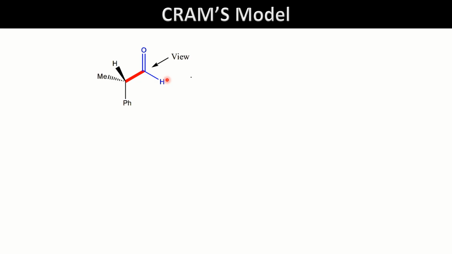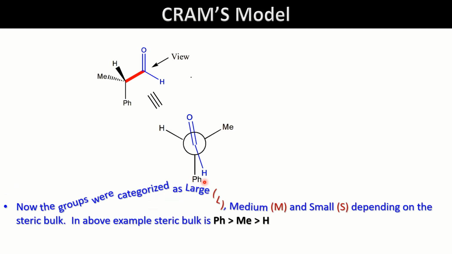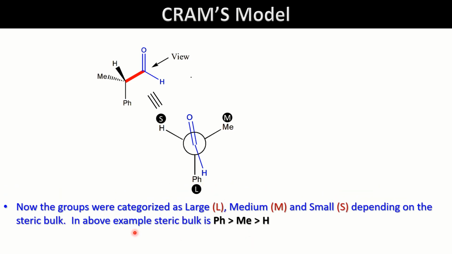ratio of those diastereomers. In another perspective, if we look from this side, we can form the one projection. Here, this carbonyl hydrogen, because of this sp2 carbon, is represented in plane, and these two groups are here. So what you have to see is that on the basis of the steric bulk, Ph is having higher steric bulk than Me and so on, you define these three groups as large, medium and small.